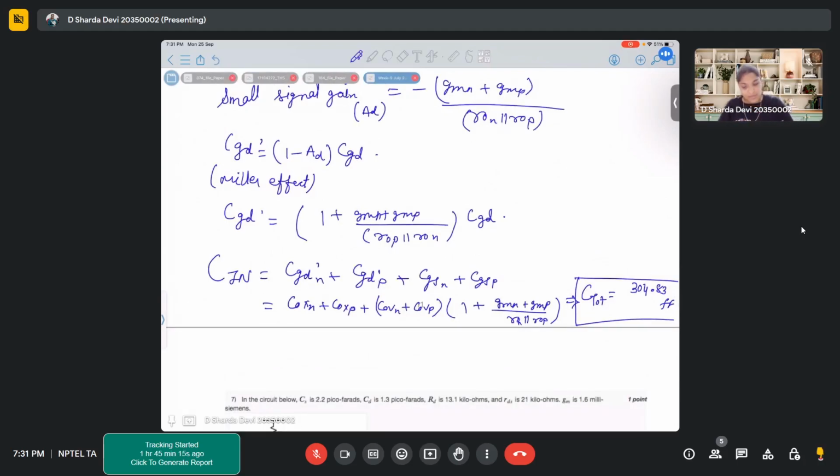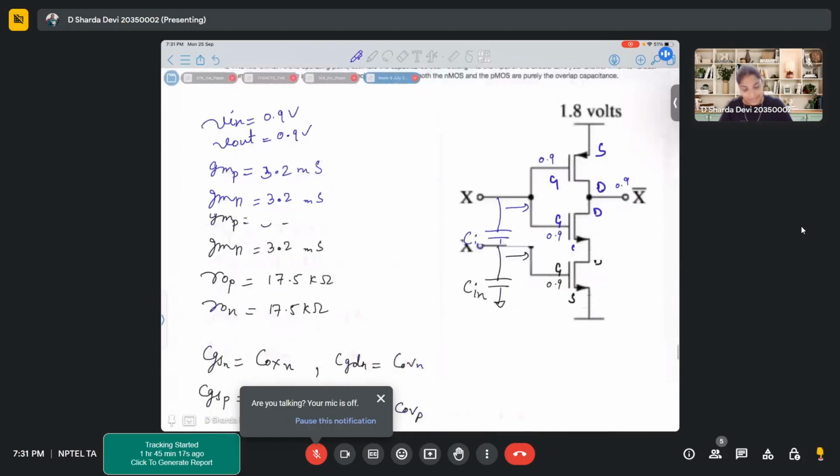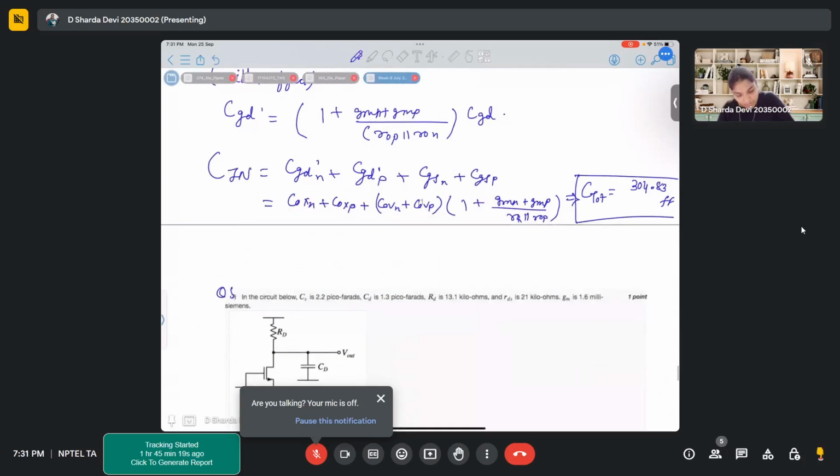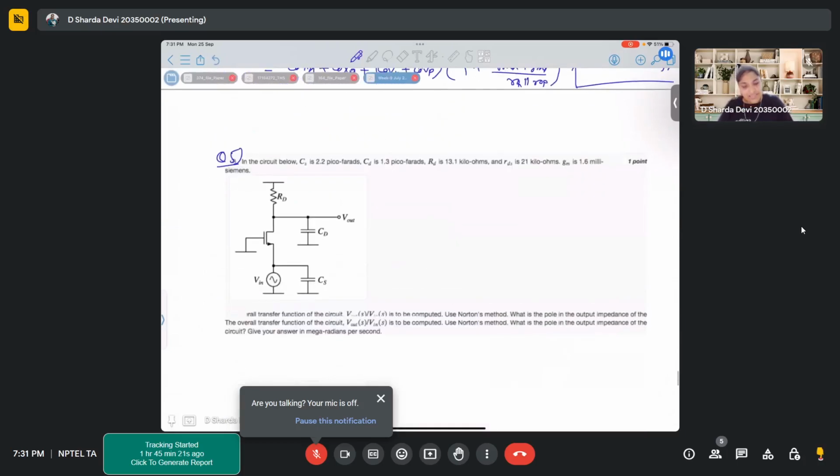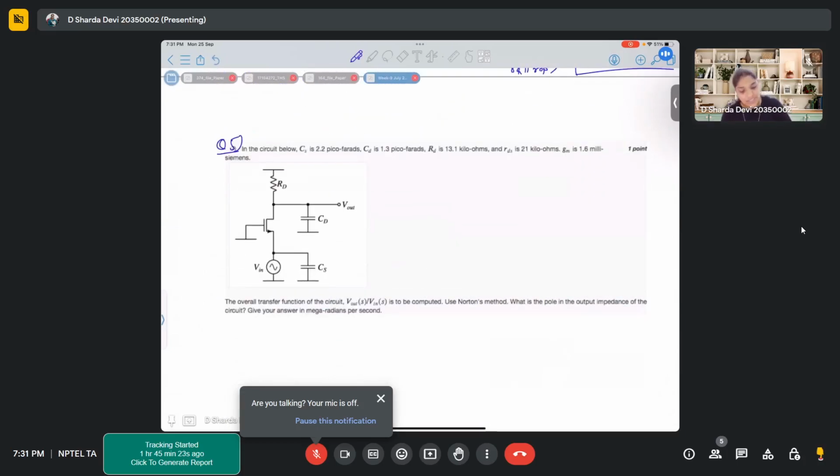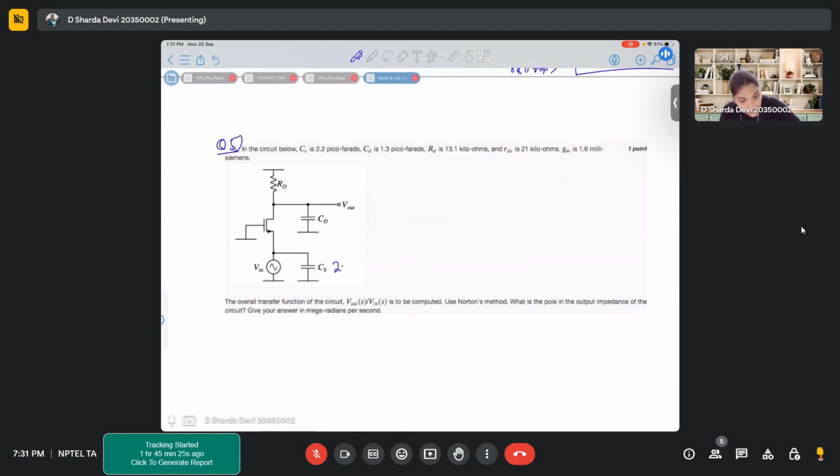Okay. Now moving on to the next problem. This is problem 5. In this figure, it is mentioned that CS is 2.2 picofarad, CD is 1.3 picofarad, and RD is 13.1 kilo ohm.